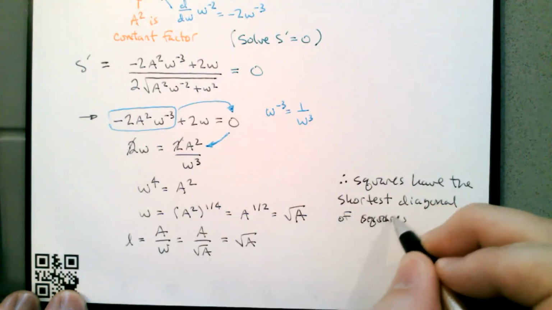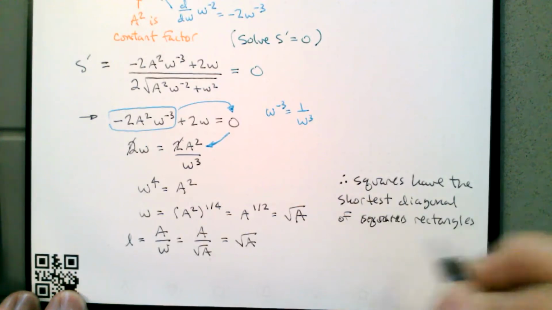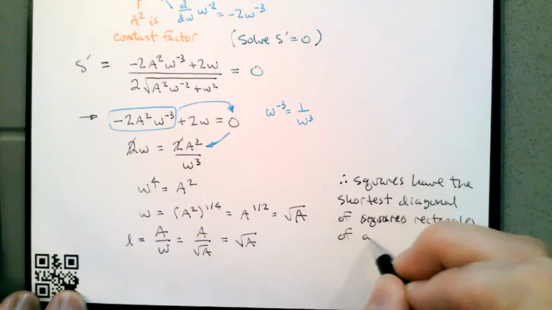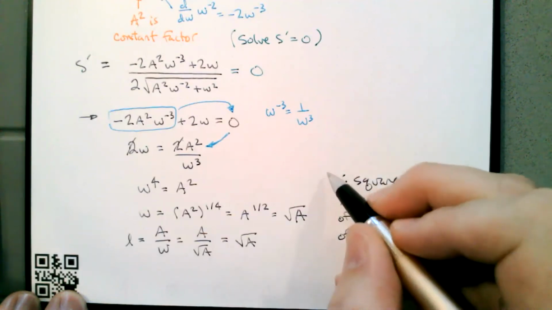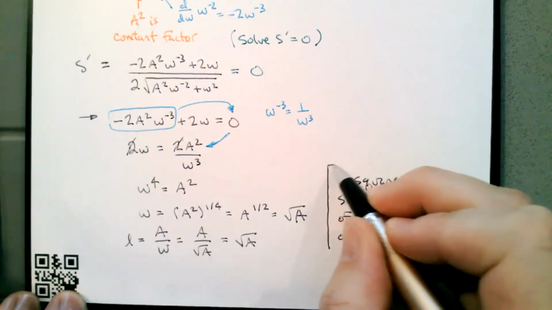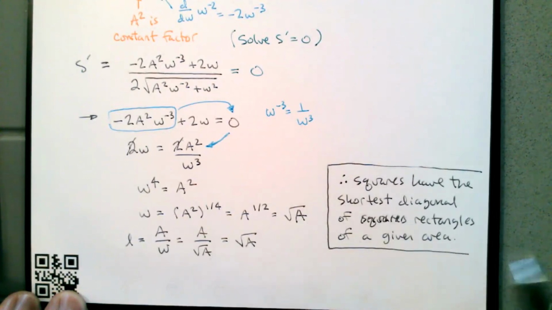Because we found that L and W are equal when we minimize the area.